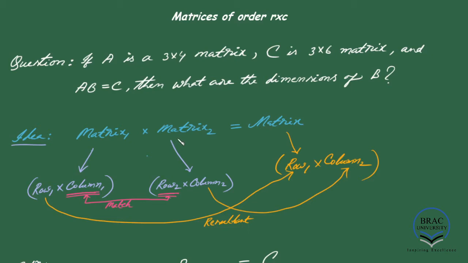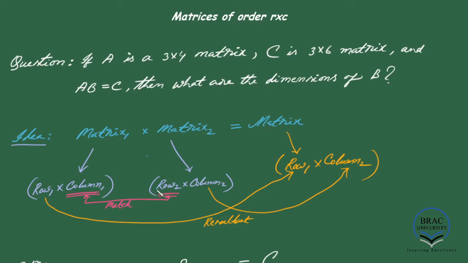Now, we can multiply these two matrices if and only if these two numbers match. The number of columns of the first matrix should match the number of rows of the second matrix. If it is 3, it has to be 3; if it is 5, it has to be 5.